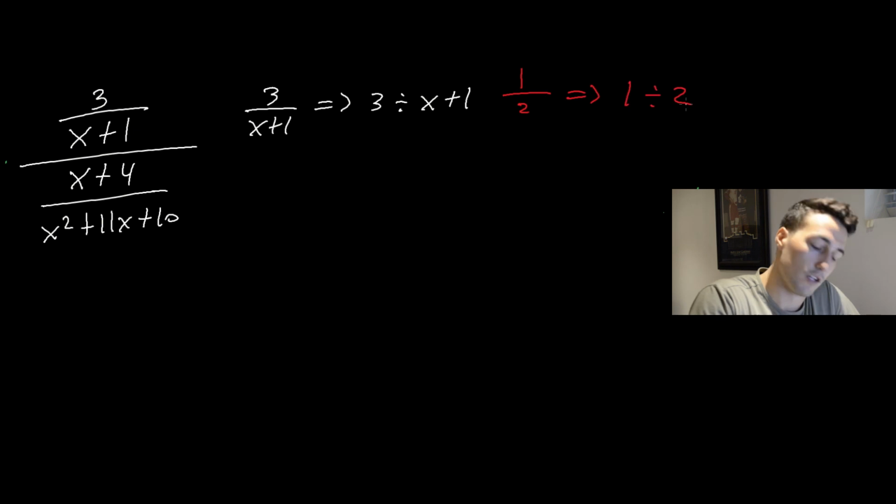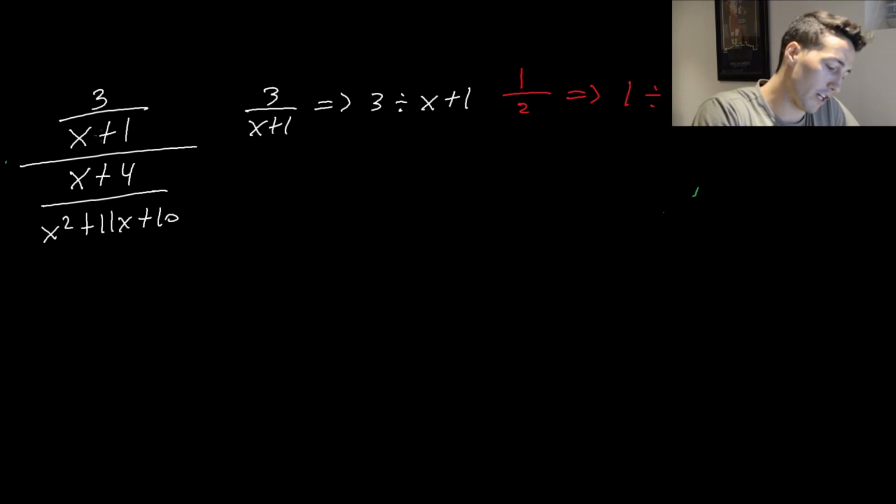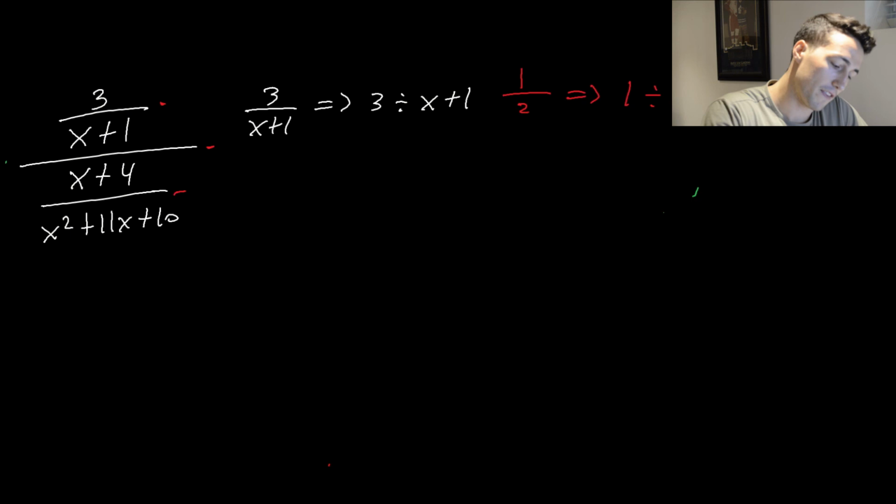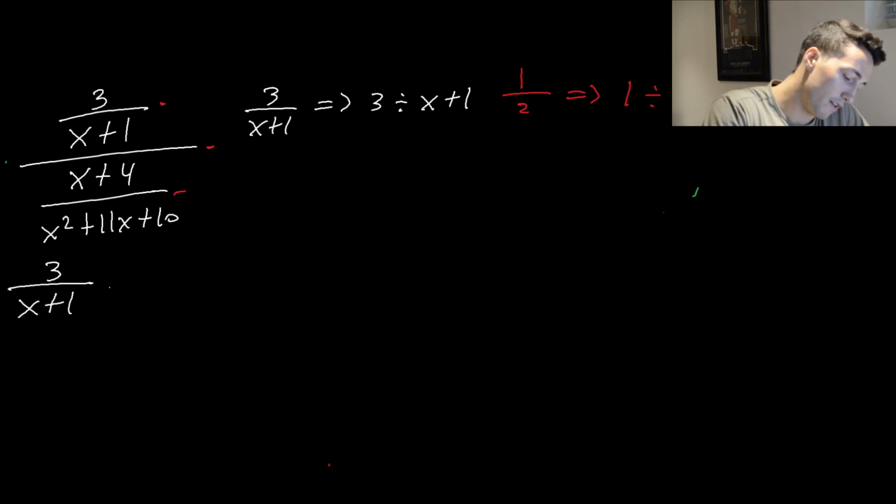So what we can do is we can look at all of these lines here, like this one and this one, and represent them as division symbols. So I'm going to rewrite this expression and say 3 over x plus 1 divided by, so I just took this line here, this I'll do in blue, this line right here, and just represented it as this division symbol.